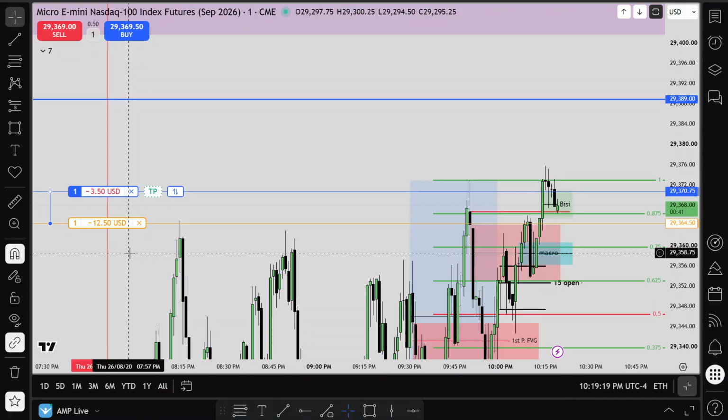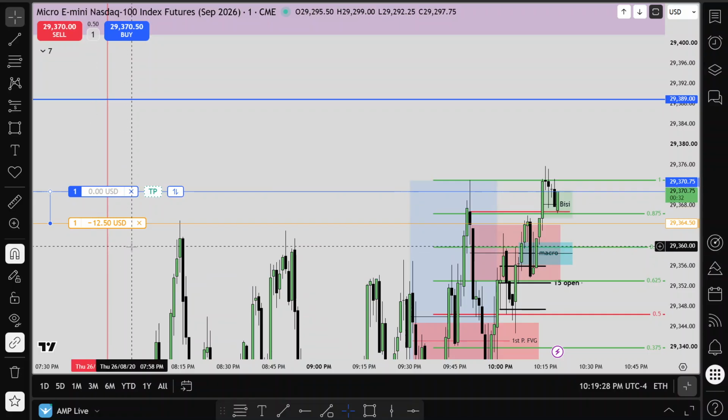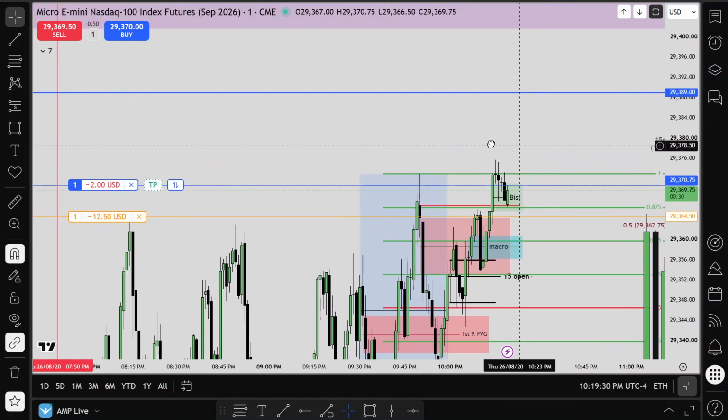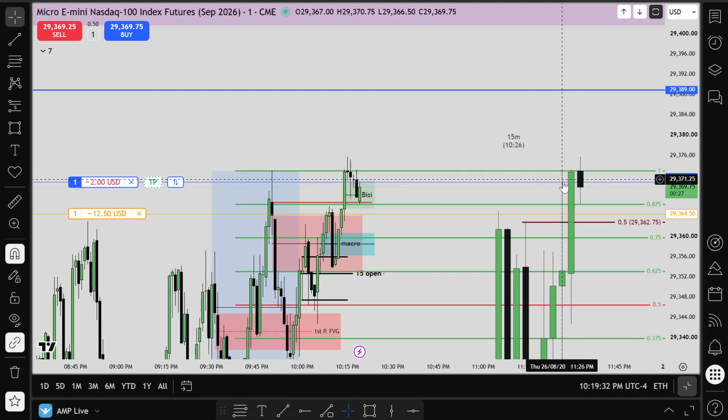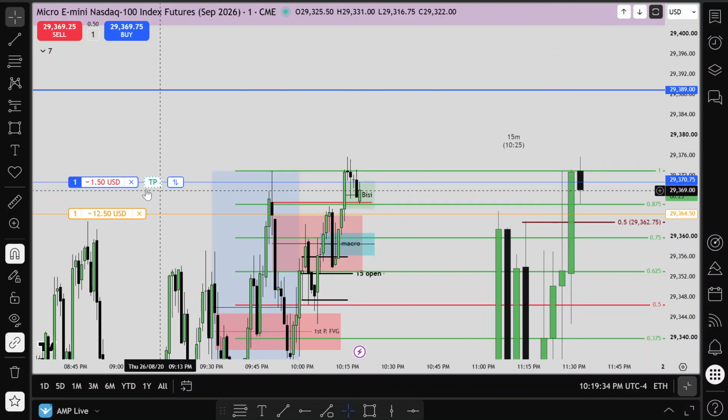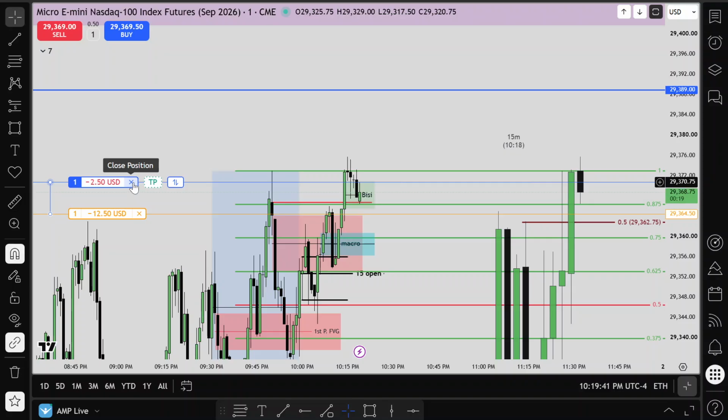Slap Virginia. Looking at the 15-minute chart, if this doesn't go right here, because we've taken out 15 minutes, it's hard to get any sort of external liquidity now. Like a legitimate run.